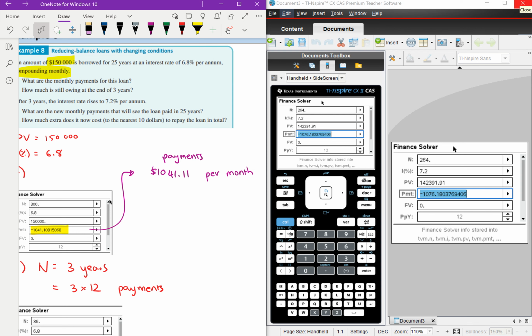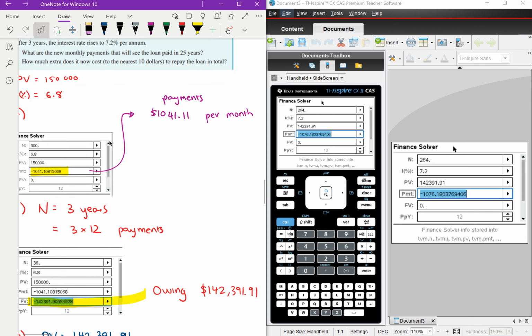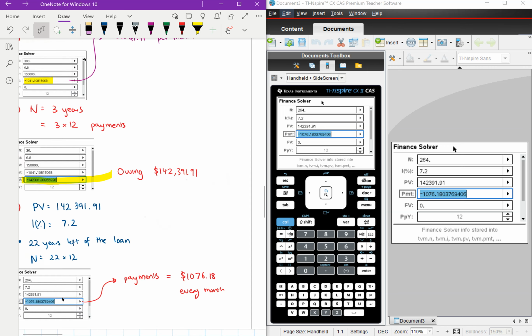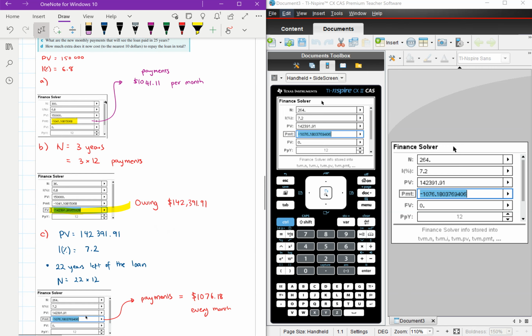Well, each month I was paying, as you can see, I'm just going to write it down again. So payments, I'm going to just do D over here because I'm out of space. D, how much extra does it now cost to repay the loan in total? Oh, so it's not every month.